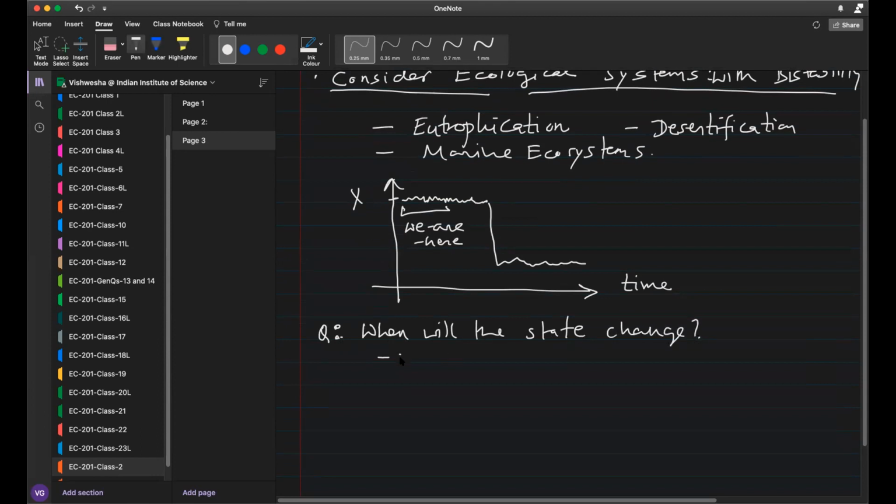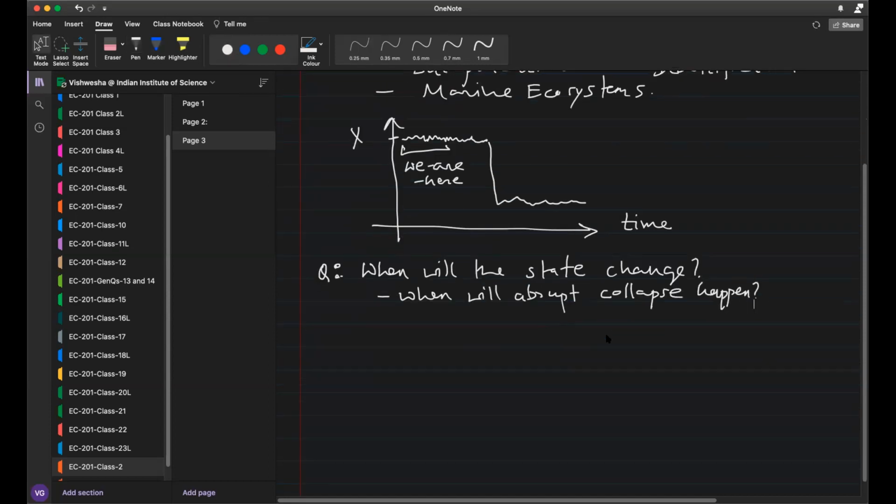Or rather, to be more specific, when will abrupt collapse happen? Does it depend upon the amplitude of fluctuations that the system is having? Yeah, absolutely, it probably will depend on that. Yes, it will depend on the amplitude of fluctuation.